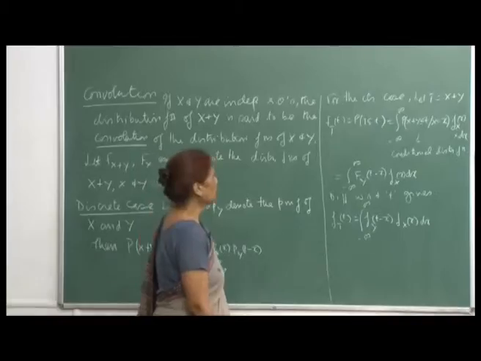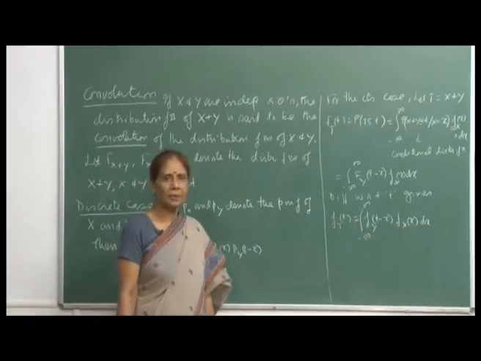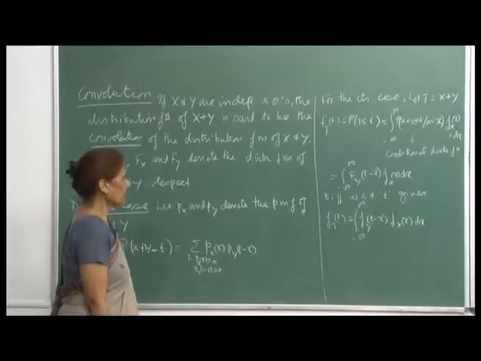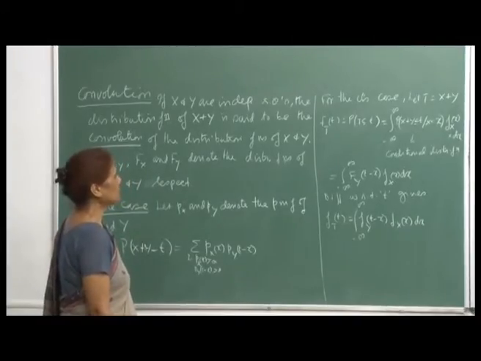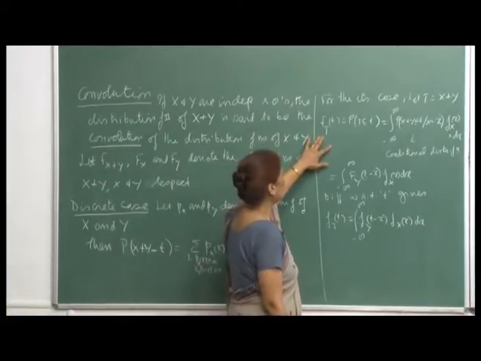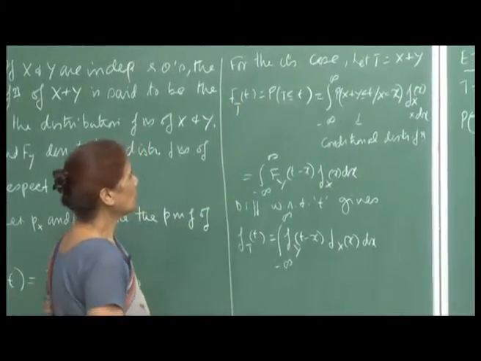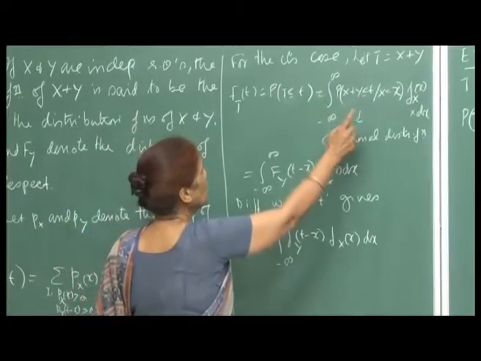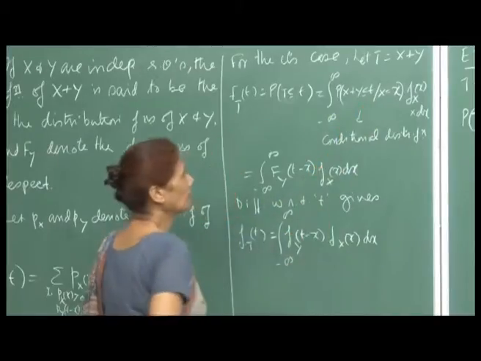So, a simple definition, but we will see how we can apply it. And similarly, for the continuous case, that means when both X and Y are independent continuous random variables, let T denote the sum of the two random variables, that is T equal to X plus Y. Then your distribution function for T at small t is the probability that capital T is less than or equal to t, and this we can write as the integral from minus infinity to infinity of the probability that X plus Y is less than or equal to t, conditioned on X equal to x.